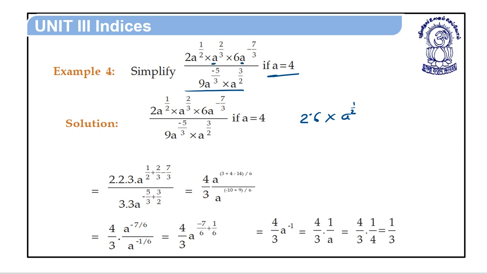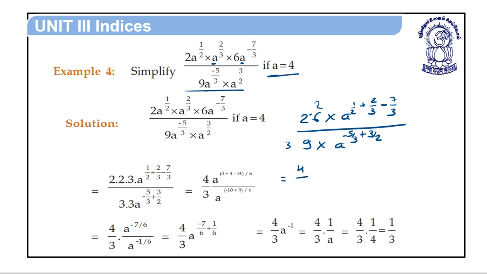So addition of index or power: 1 by 2 plus 2 by 3 minus 7 by 3, upon 9 into a, base also same, a raised to minus 5 by 3 plus 3 by 2. 3 2s are 6, 3 3s are 9.